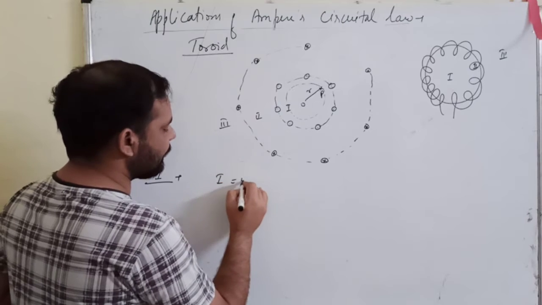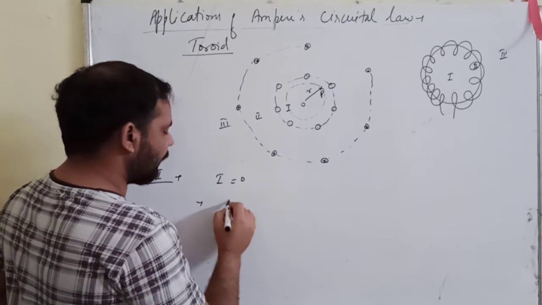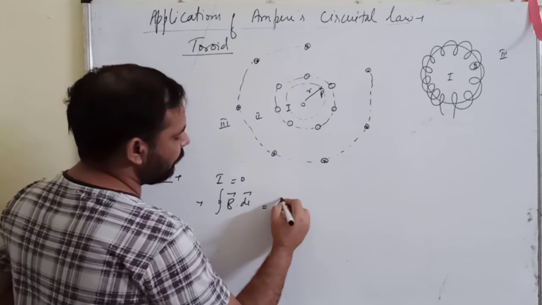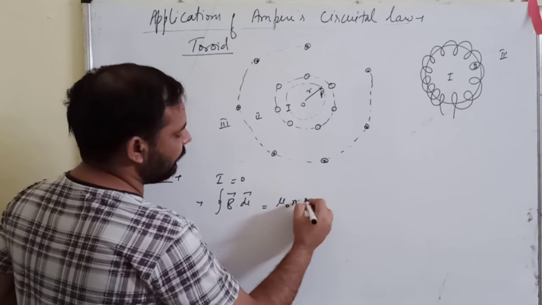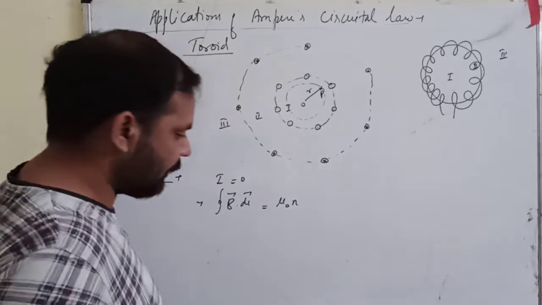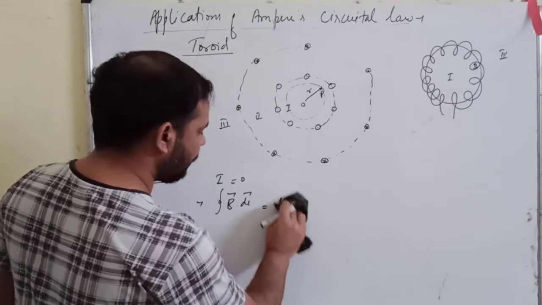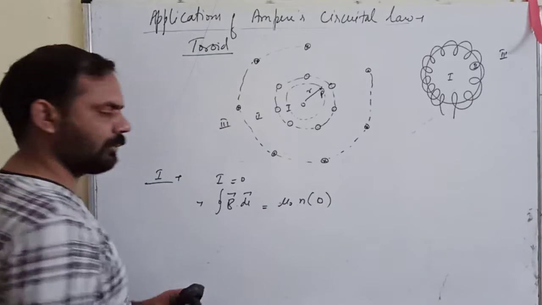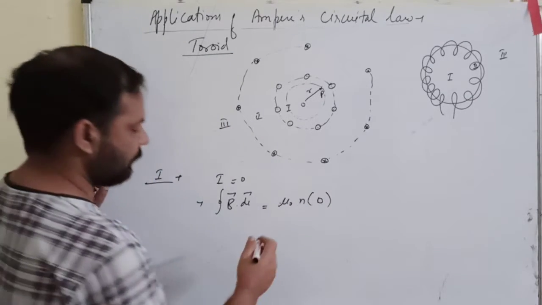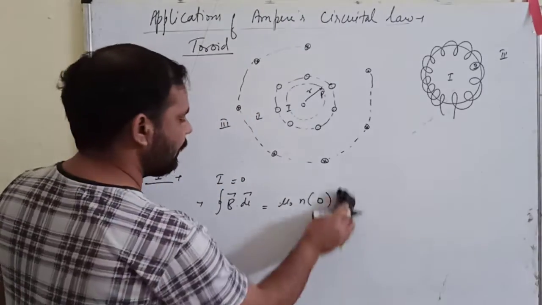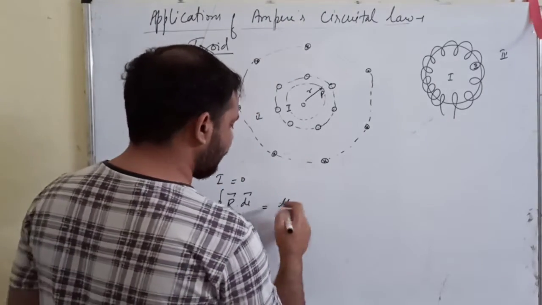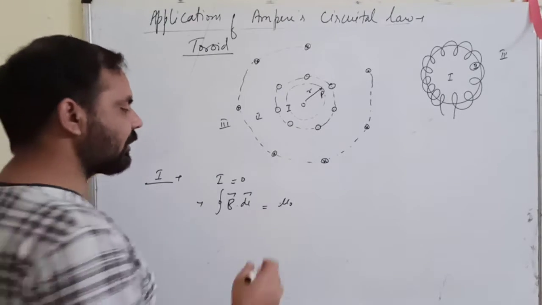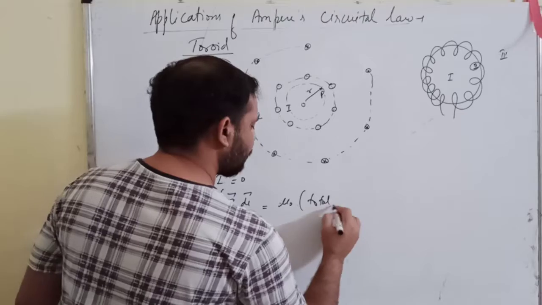So here I is equal to 0, and therefore B vector dot dl vector is equal to mu naught times 0. What we have in Ampere's circuital law is B vector dot dl vector is equal to mu naught times the total current.